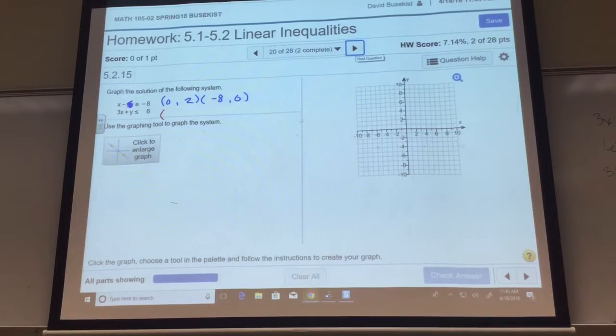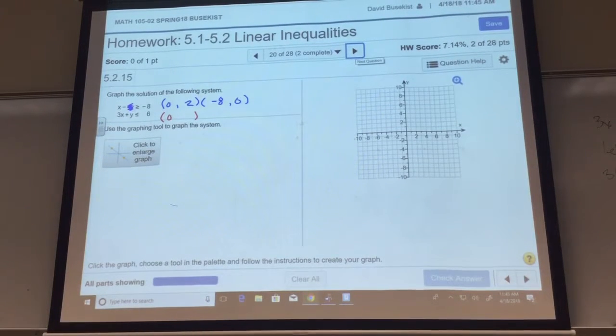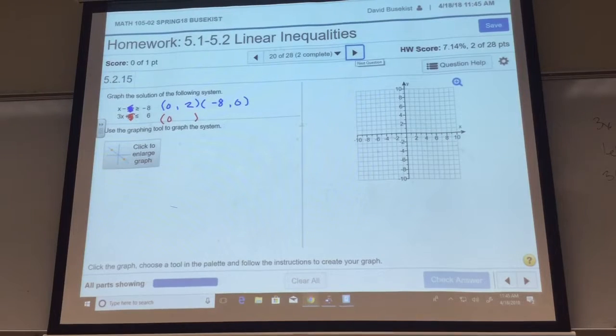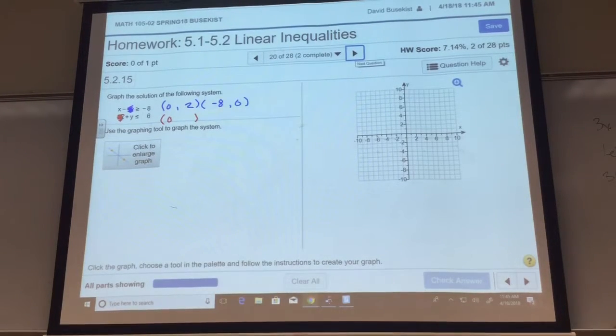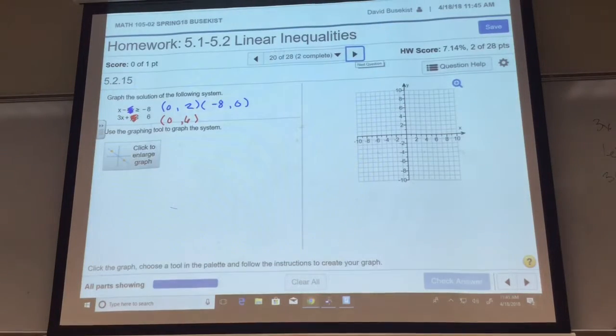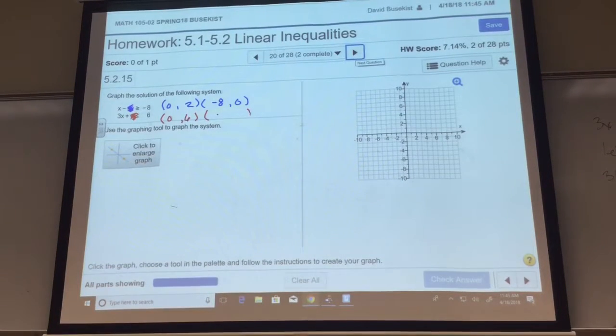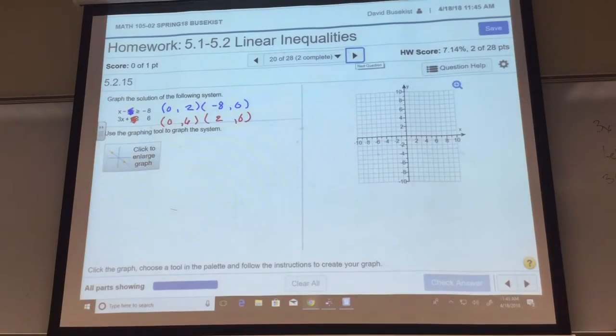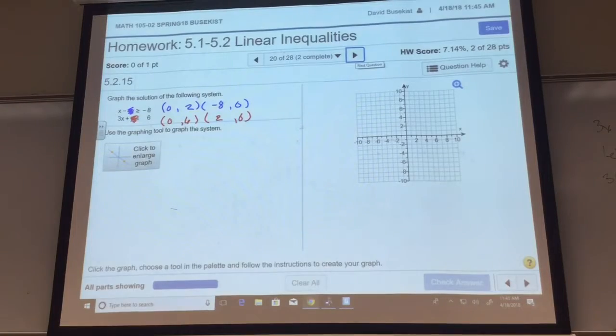In the bottom equation, if x is 0, then y loses its emphasis, or rather x loses its emphasis, and y has to be a value of 6. And if y is equal to 0, then x has to be a value of 2. So those are the points that I'm going to graph.